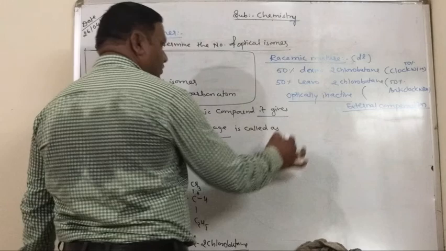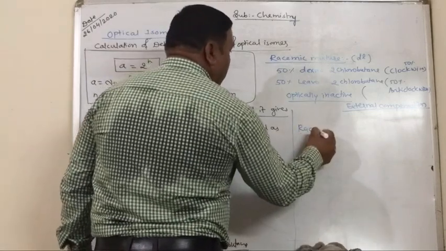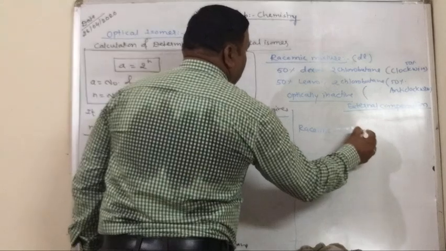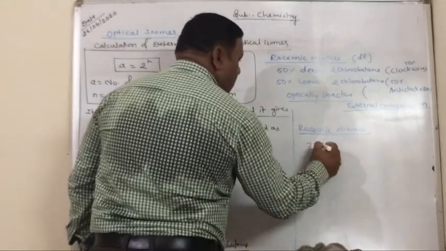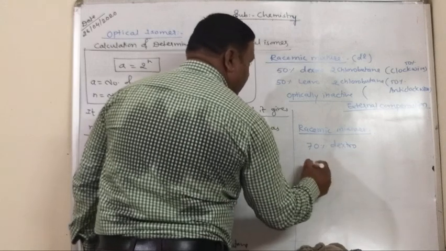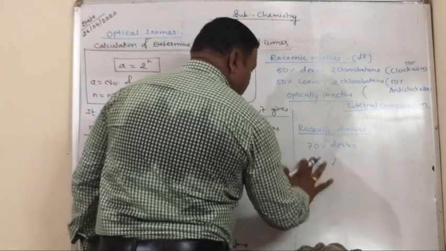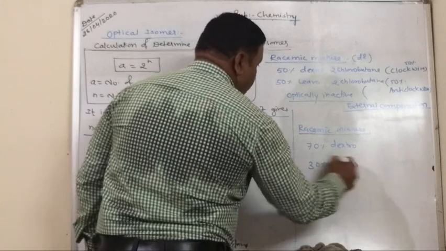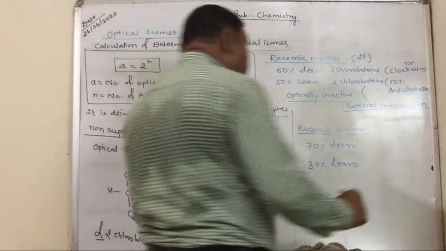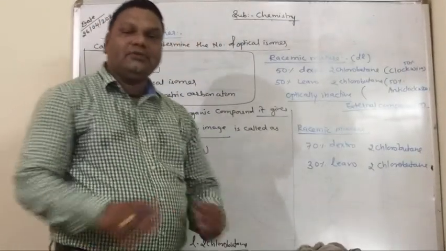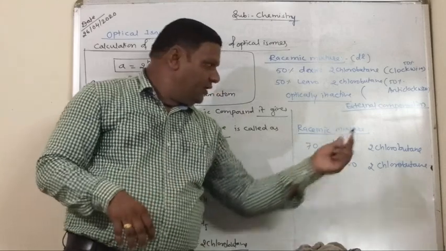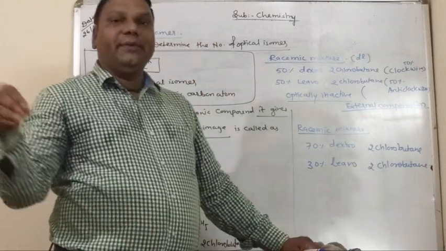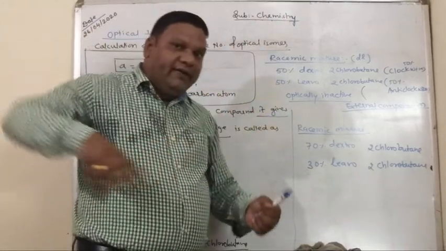Understood? But suppose in the mixture we take 70% dextro and 30% levo, a different compound mixture: 70% dextro-2-chlorobutane and 30% levo-2-chlorobutane, remember. So 70 ml of dextro compound and 30 ml of levo compound in a tube, and then the PPL is passed.